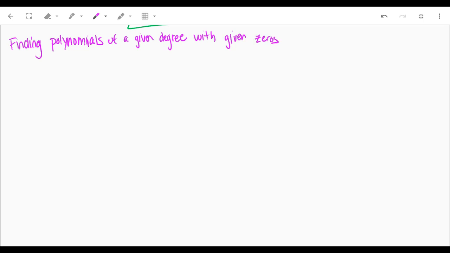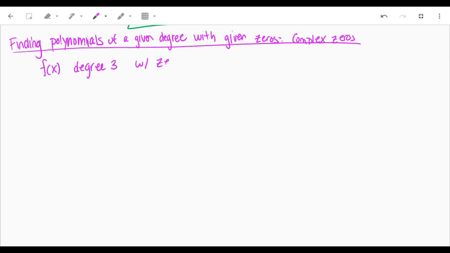And they tell us we're going to have complex zeros. So we have a polynomial f of x of degree 3 with zeros 1 and 3 plus i. Well, if it's degree 3, that means that we need 3 zeros.